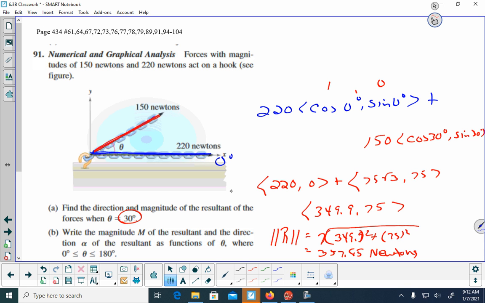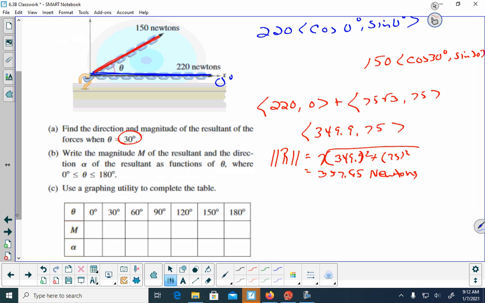Newtons. And then to find the angle, I'm going to do the inverse tangent of 75 over 349.9. I did that in degrees, and I got 12.1 degrees. So that was pretty straightforward.